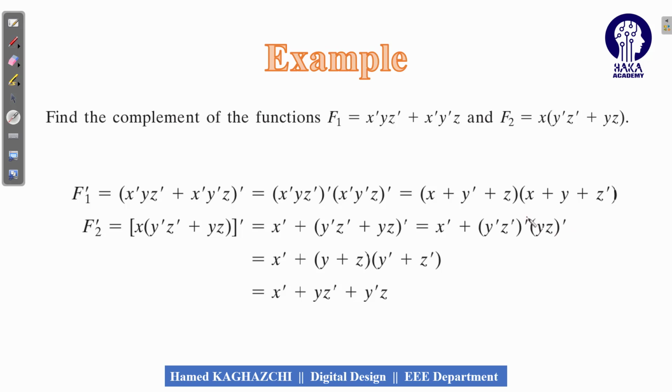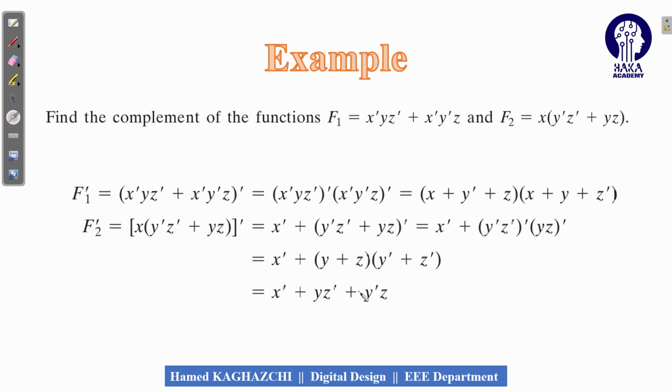Again, if I want to apply this complement inside of the parentheses, I will have y or z. You can see that y prime z prime converted to y or z. Similarly, yz converted to y prime or z prime. And if you expand these two parentheses and multiply them together, I will have something like that: x prime or yz prime or y prime z.